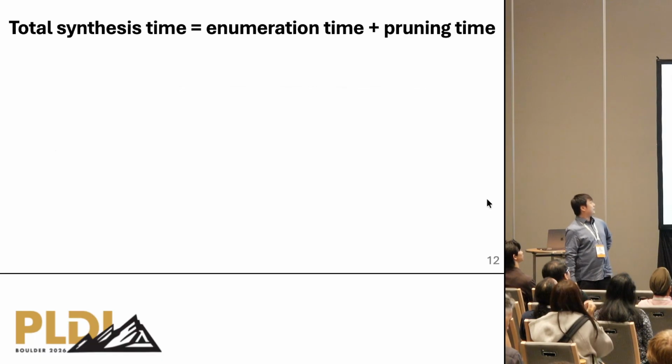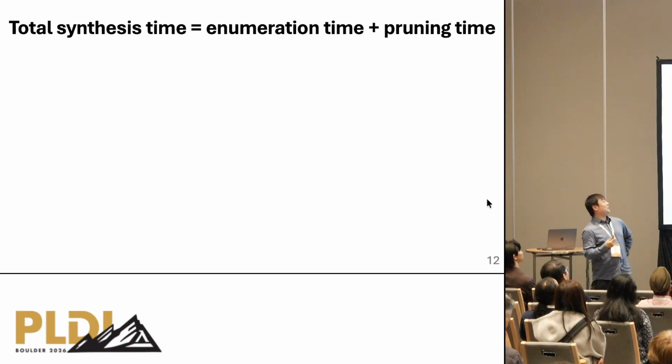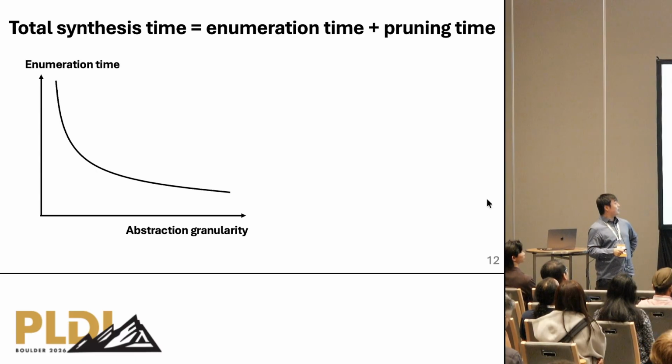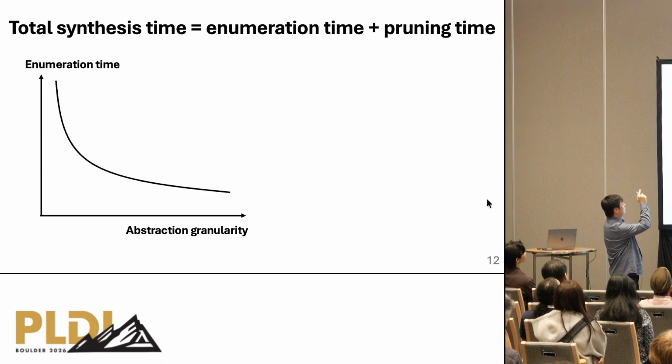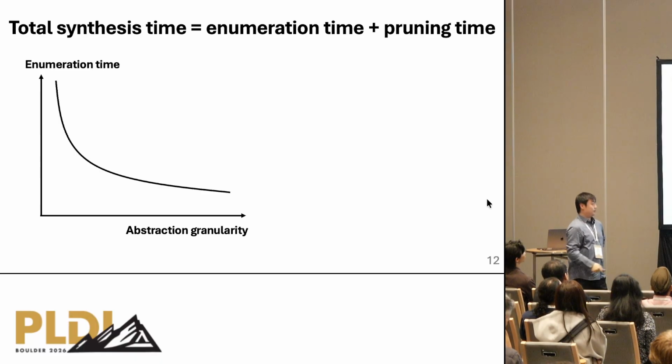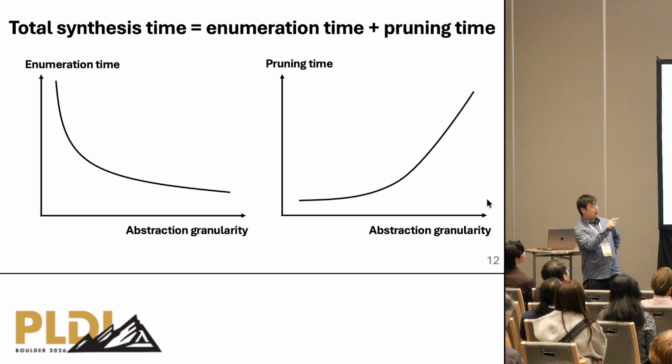Before our idea, the total synthesis time equals the enumeration time of the search space plus the time to prune the search space. As you use finer-grained abstraction, the enumeration time will decrease because you are enumerating fewer programs now. But the cost to prune the search space increases.